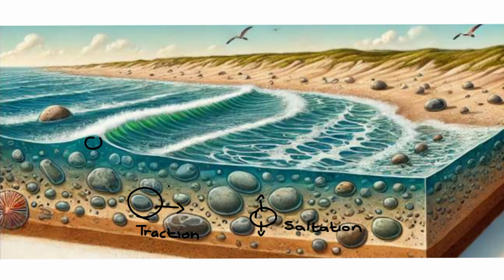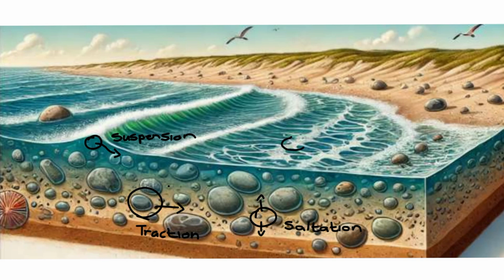Then we have suspension, and this has to do with very fine particles, such as silt and clay. Now they are carried along the water without touching the bed. These particles are suspended within the water column and can be carried over a long distance. Now this is common in low energy environments.